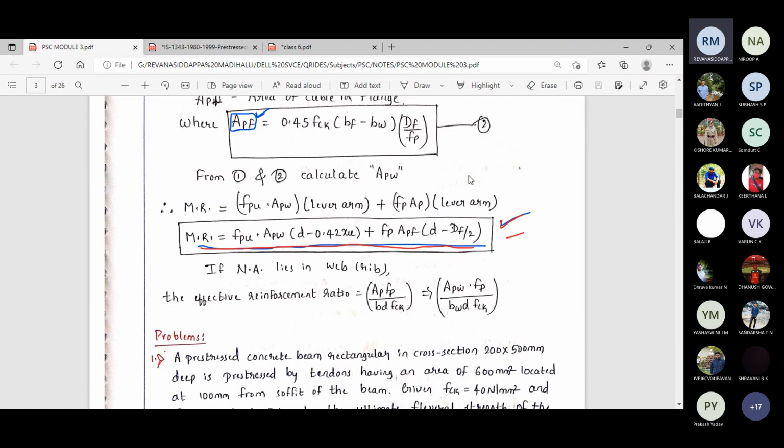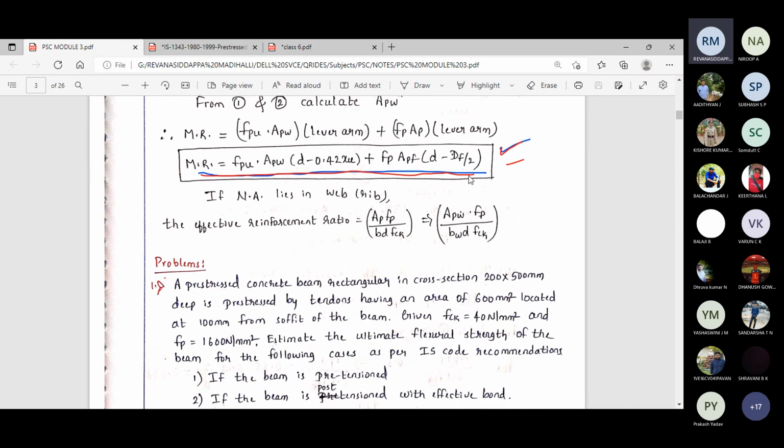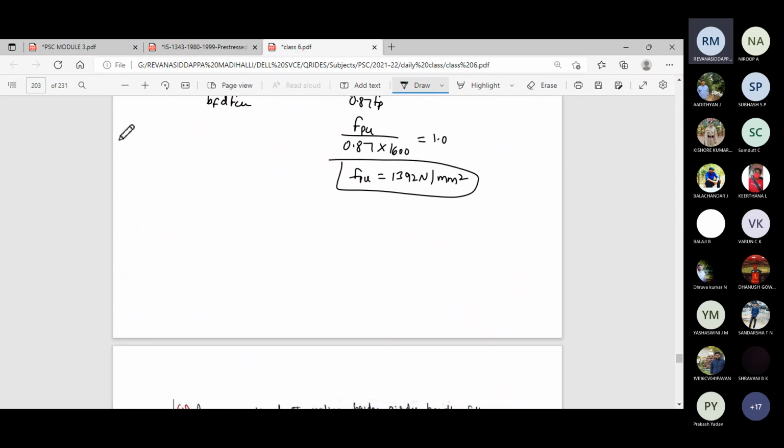This is the formula which we have to use for depth of neutral axis lies within the web. Here depth of neutral axis lies within the flange, same formula, which is given in codebook.